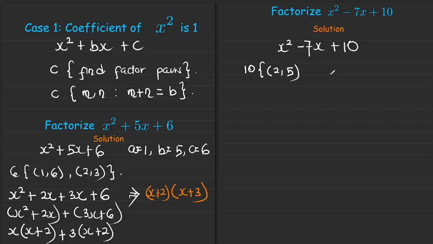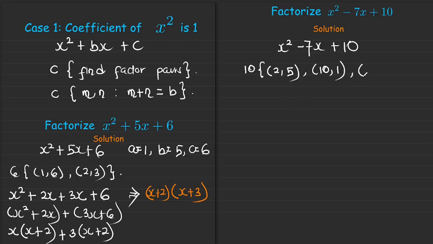You try and think, which other factors? Well, we have 10 and 1. If we multiply 10 by 1, we would surely get 10. But if we add 10 and 1, we don't get negative 7. This should tell you that we don't limit ourselves only to positive integers when we want the factors.